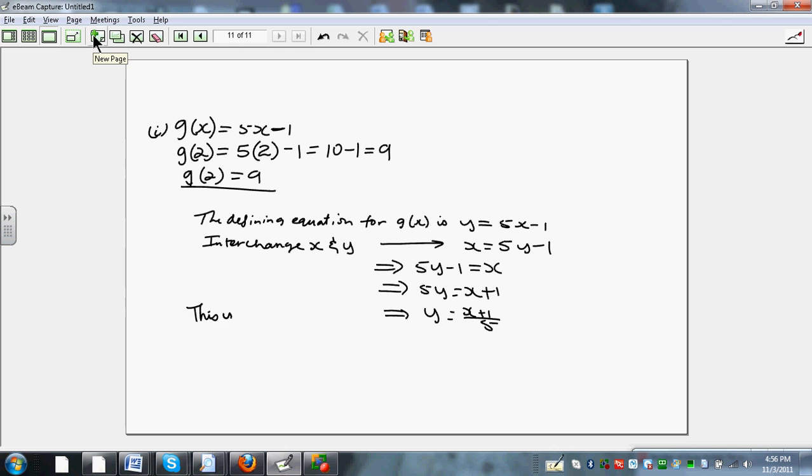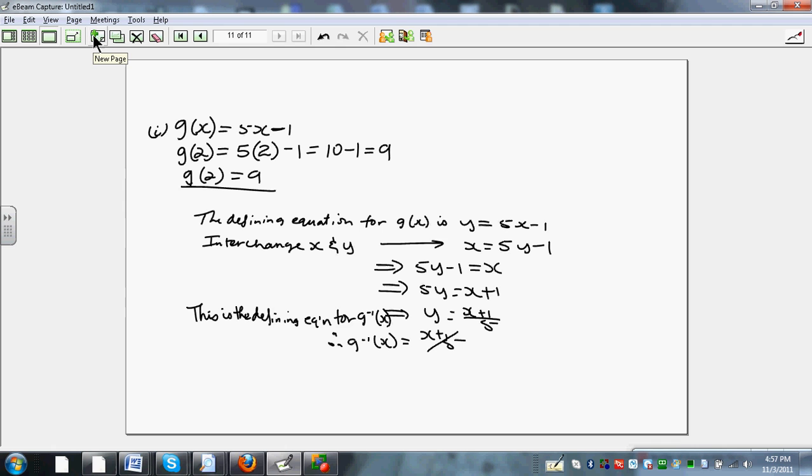So this is the defining equation for g to the minus 1 of x, or the inverse function. Therefore, g to the minus 1 of x is equal to x plus 1 over 5.